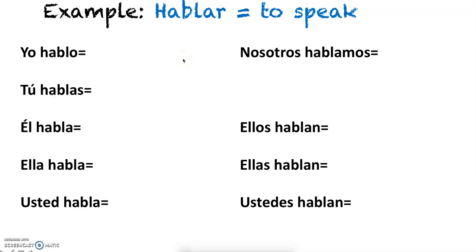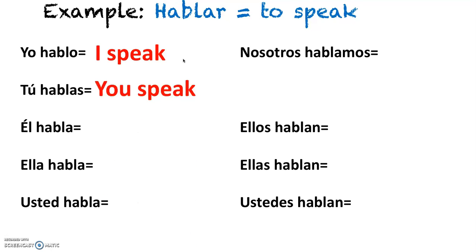So yo hablo is I speak. Tú hablas is you speak. If we already know our subject pronouns, meaning we already know what the first words mean, we will be able to figure out what él habla and so on is saying.